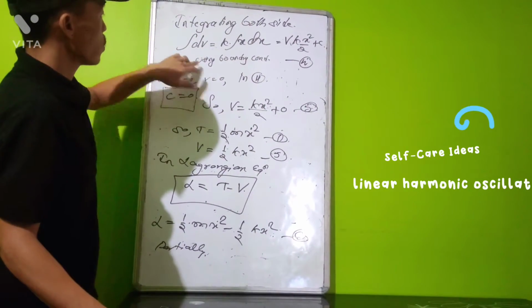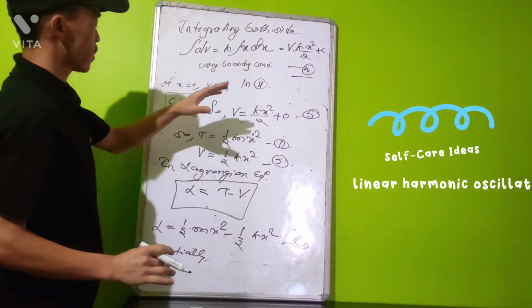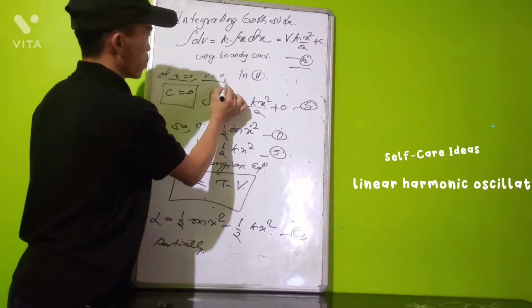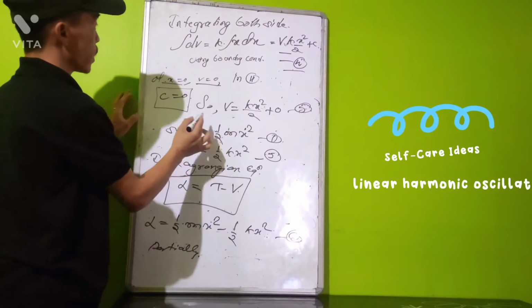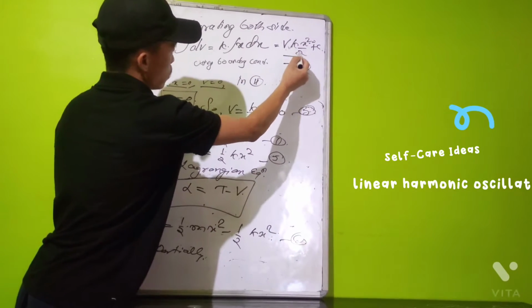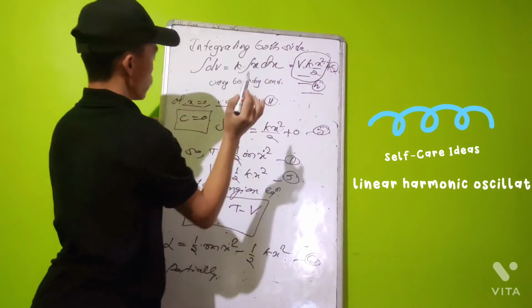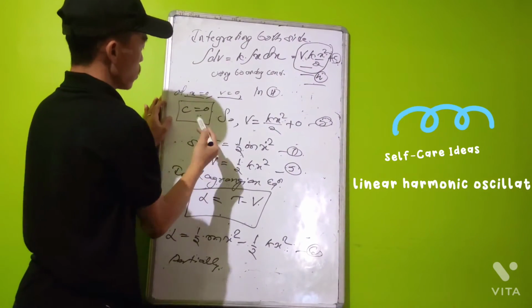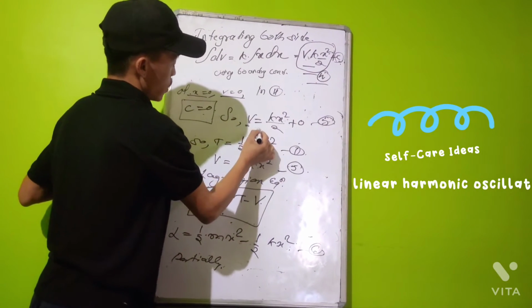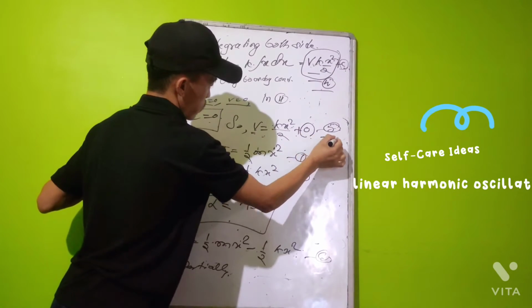Using the boundary condition in equation 4, at x equals 0 and V equals 0, the whole term becomes 0, so we get only c. Therefore c will be equal to 0, so V is equal to kx square by 2 plus 0, which is our equation 5.